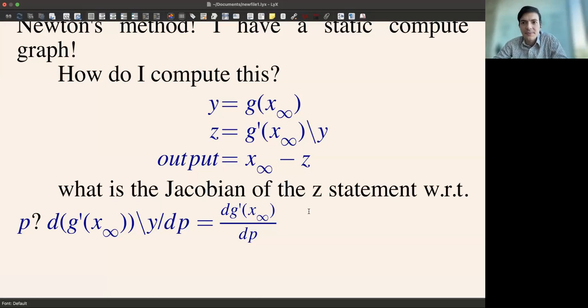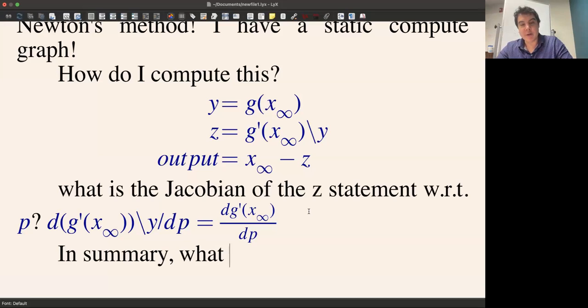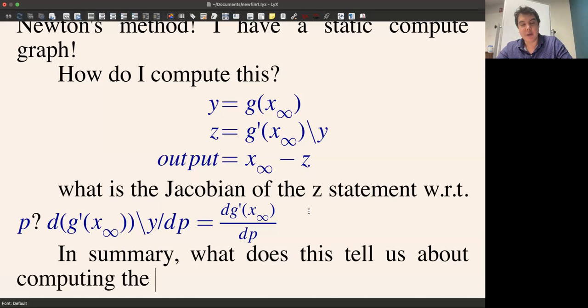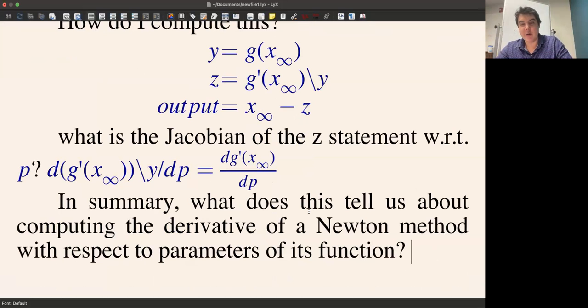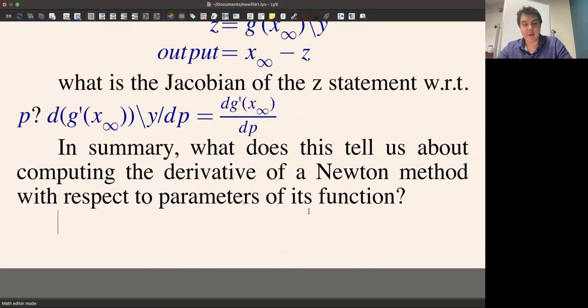Yeah. So in summary, what does this tell us about computing the derivative of a Newton method with respect to the parameters of its function, right? So here are the steps.